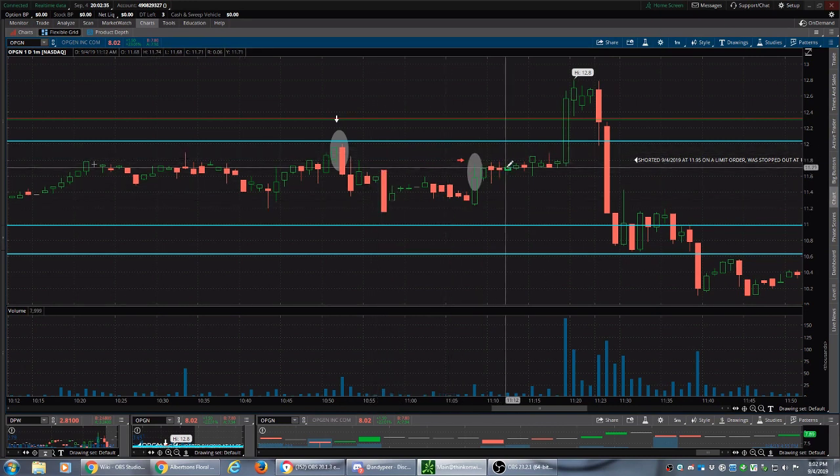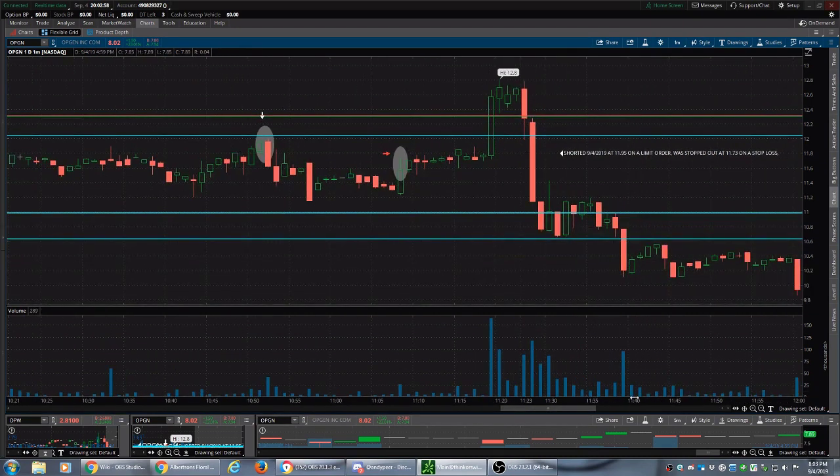So you can see here the difference is, let's say I said, okay, I'm going to give it 20 cents above where I entered. Well, I would have just simply stopped out with a loss. Instead, I stopped out with a gain. So I covered my short fees, and it went way up to 12.80. It stayed up there for about 5 minutes and then just completely crashed.